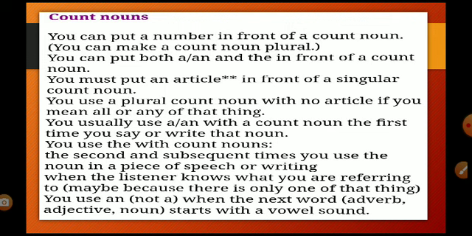You use the with countable nouns the second and subsequent times you use the noun in a piece of speech or writing, and the listener knows that you are referring to, maybe, the only one of that thing. You use an, not a, when the next word, that is adverb, adjective, or noun, starts with a vowel sound.